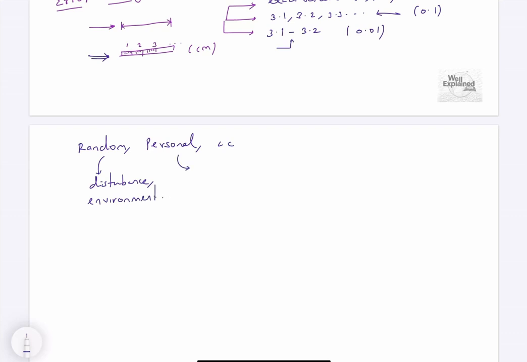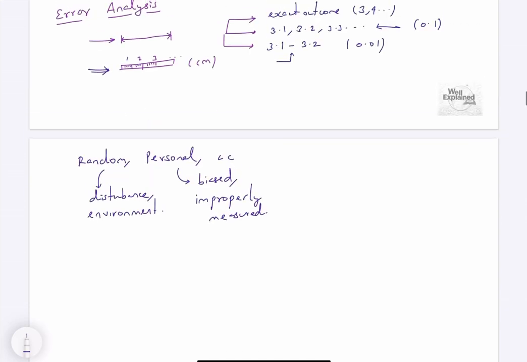Personal errors: maybe you are biased to get a certain reading, or it's your mistake that you haven't properly calibrated the device, or you measured improperly, or you didn't know how to measure it properly.